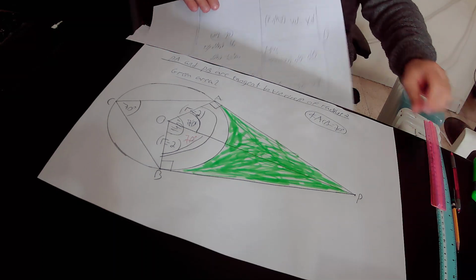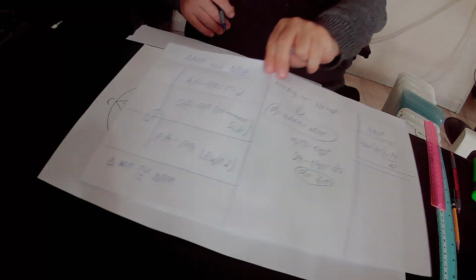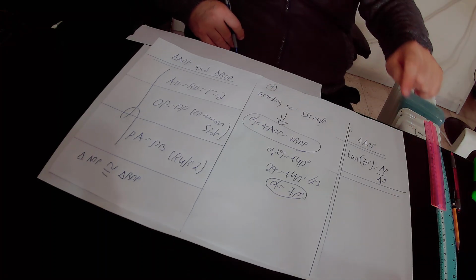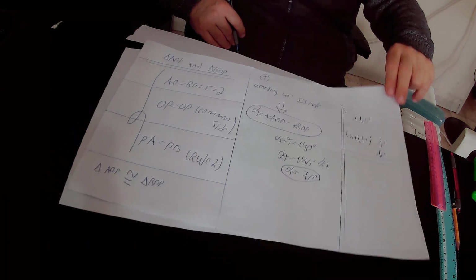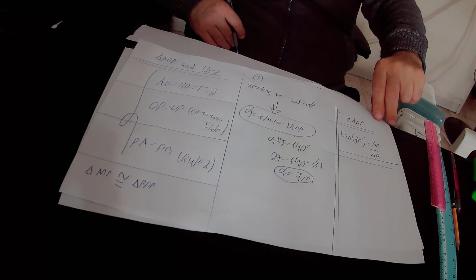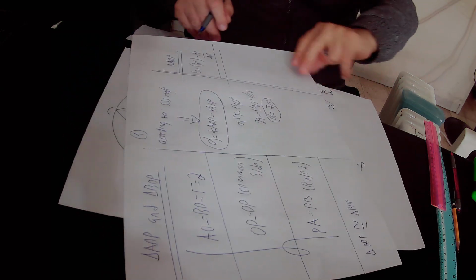Repeat again, in the right upper triangle AOP, tangent 70 degrees equals AP over AO. Tangent 70 degrees is equal to 2.75.